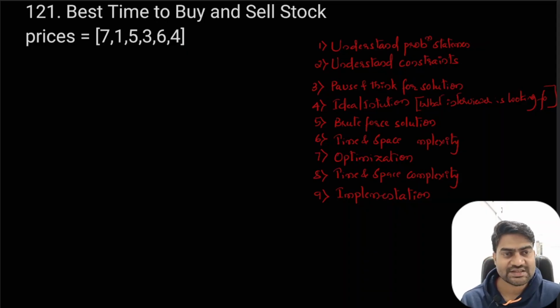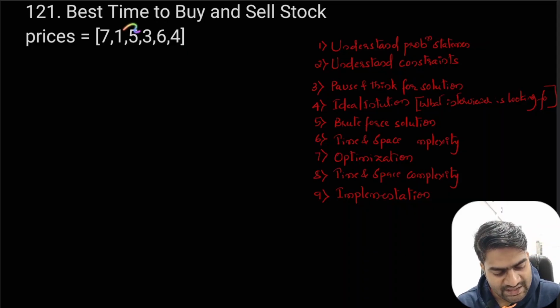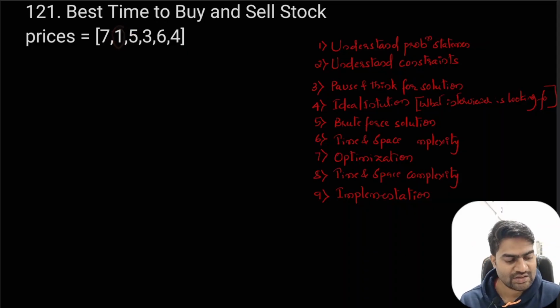In this example, I can buy the stock on this particular day for price 1, and if I sell it on this particular day for price 6, then my profit will be 5, which is the maximum. If you try to sell here, it is 4, which is not the maximum.